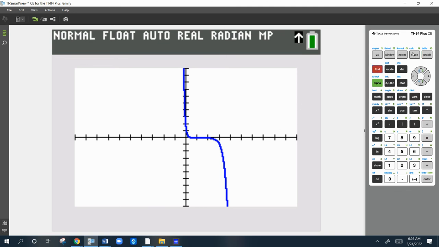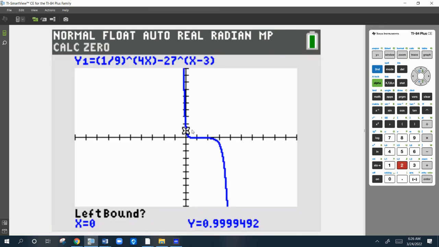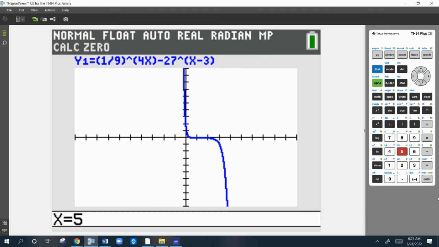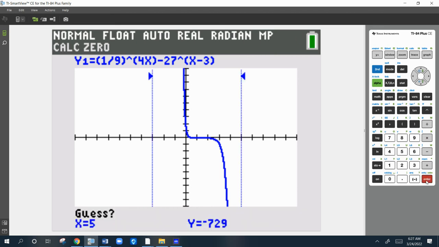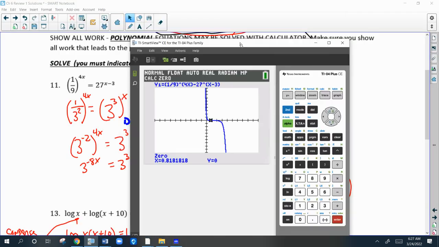Second calc 0. It goes through somewhere in here. So I'm going to go left bound negative 3. I know that's to the left of where it's going to go through. And right bound just over here somewhere, say 5. And then the guess will just be an enter. So hit enter. And it gives me 0.81818181. Check my work.